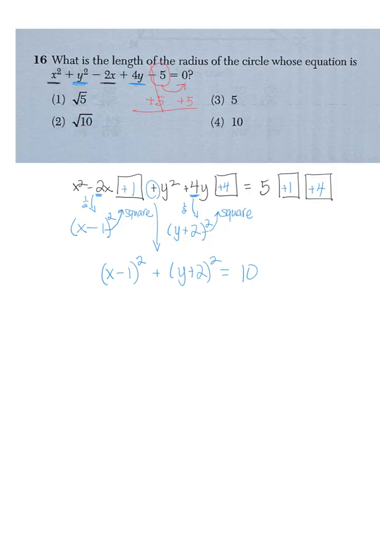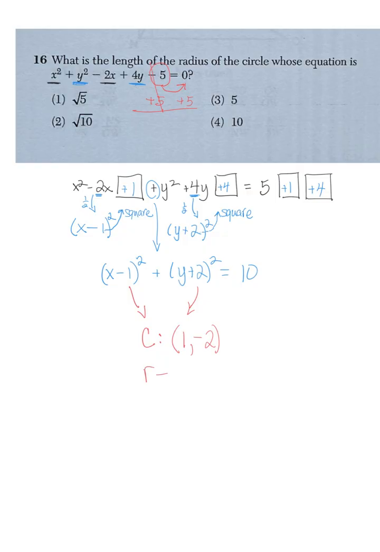So from here, let me pick a different color. These numbers here give us the center of my circle. And the center is the opposite sign. So that's a -1, so that will become a +1. And that's a +2, so that will become a -2. That's the center.